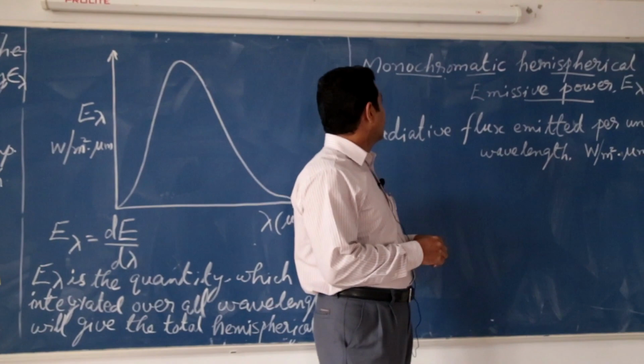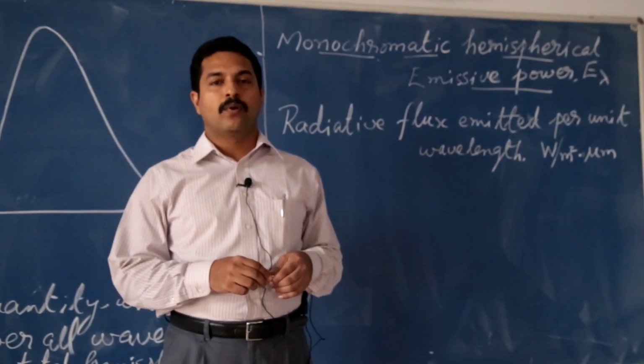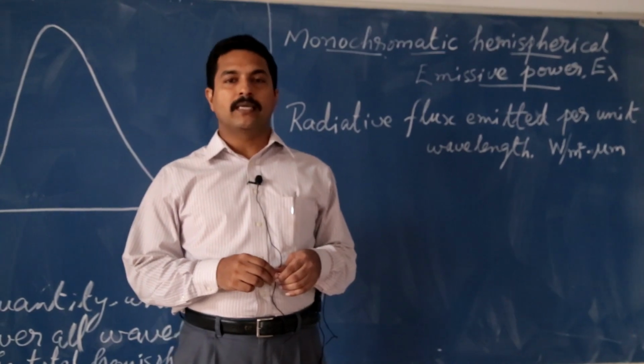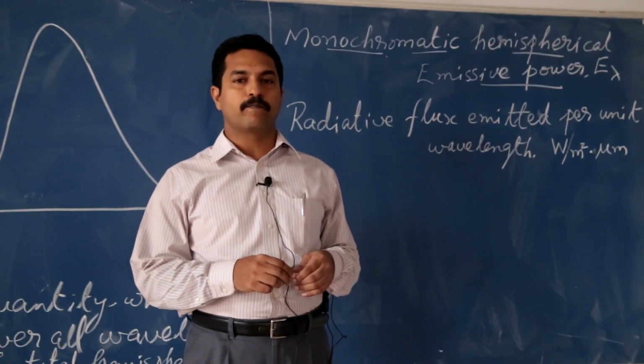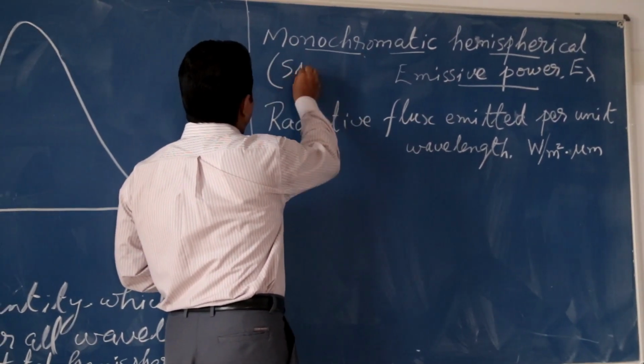Now we have to study monochromatic hemispherical emissive power. This monochromatic hemispherical emissive power, we can also say that it is spectral.